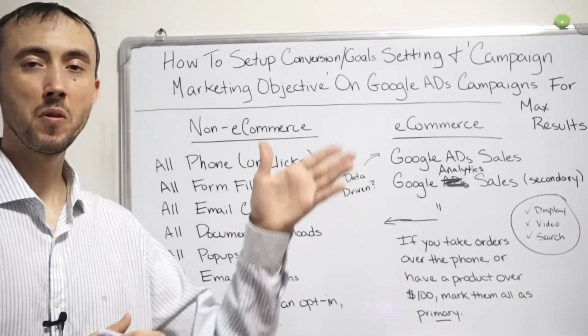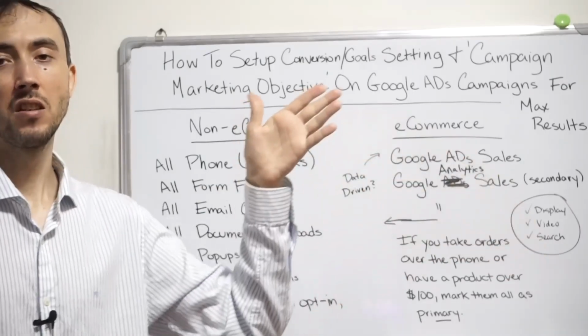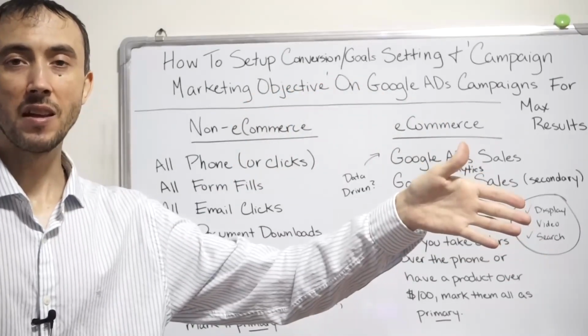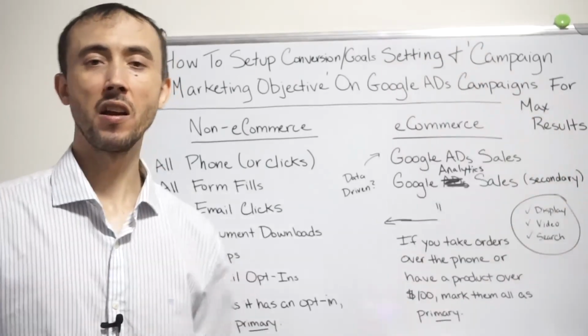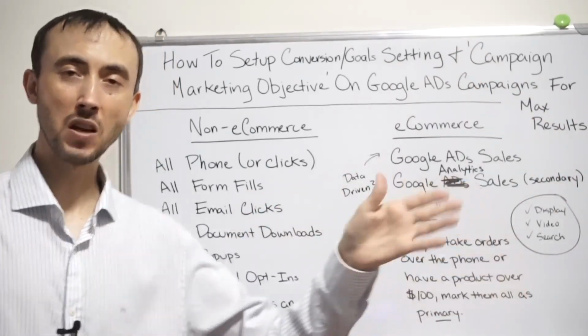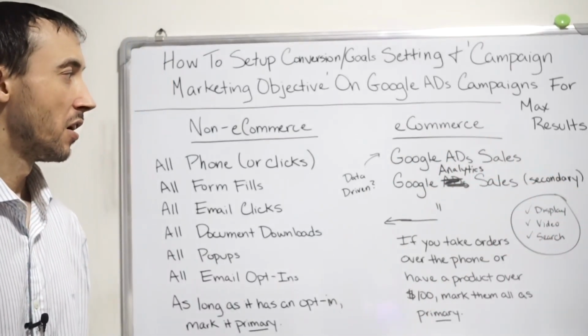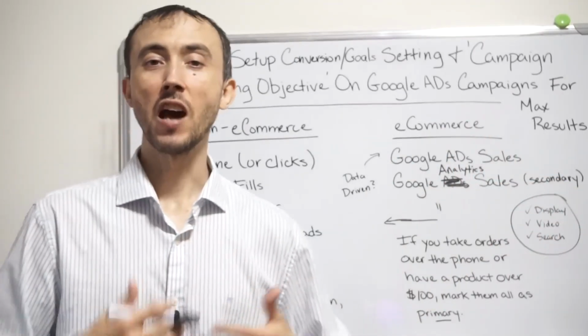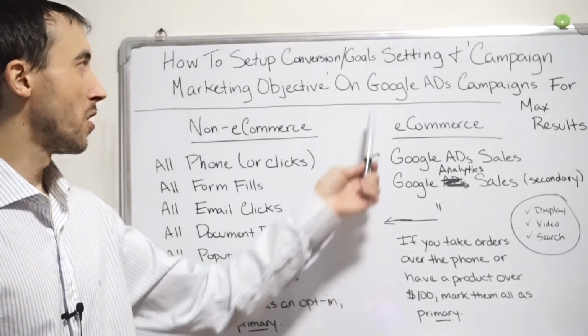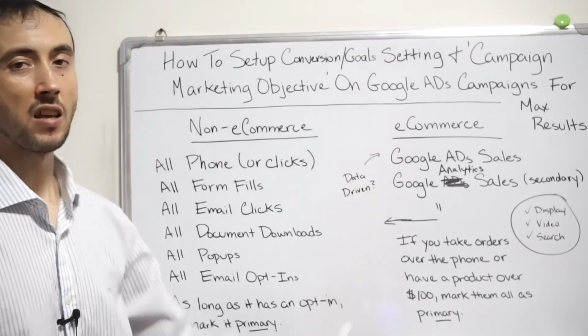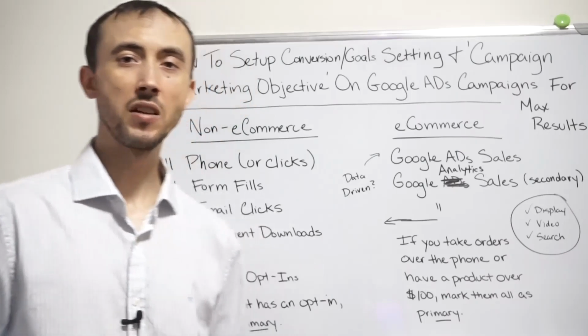So you set the campaign marketing objective as brand awareness, and then you uncheck that box to make sure your videos aren't going to show up on other websites outside of YouTube, and then your campaign has a much higher chance of working. And then as it goes to the goal setting, there is none on the video campaigns themselves.